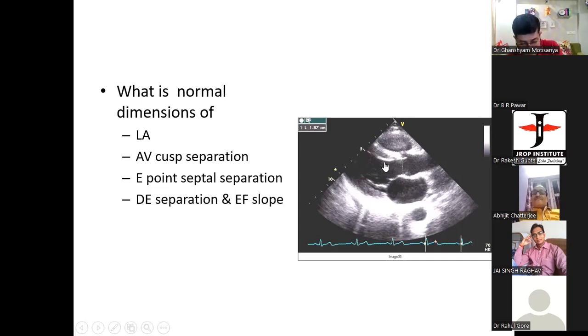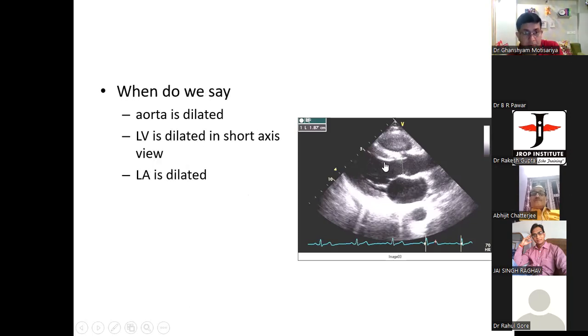Right. Okay. Dr. Shrikant Gote. When is the aorta dilated? Sir, at the annulus, sir. No. When do you say the aorta is dilated? What are the normal aortic dimensions? 15 to 26, and whenever it's more than that, it's dilated.